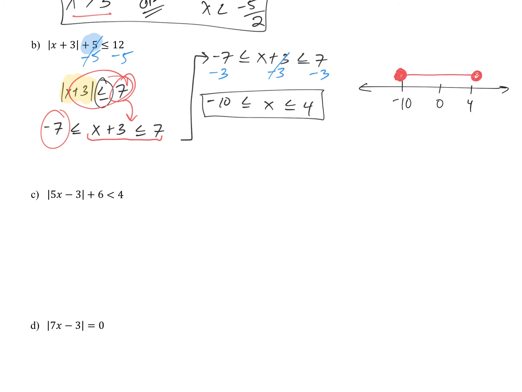And there we go, in between, and then interval notation. We'll start at negative 10, and then we go until we stop at 4, and that is it. We include negative 10 and 4, so we'll go ahead and use the brackets, and there we go.